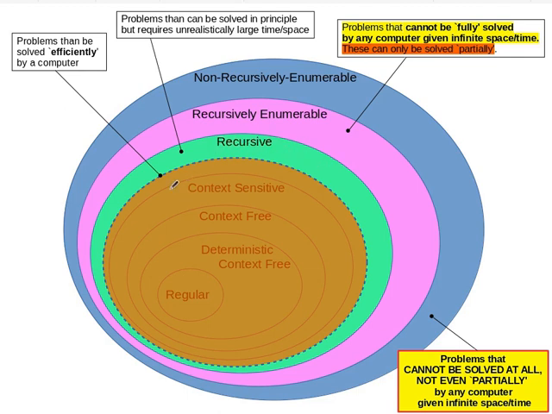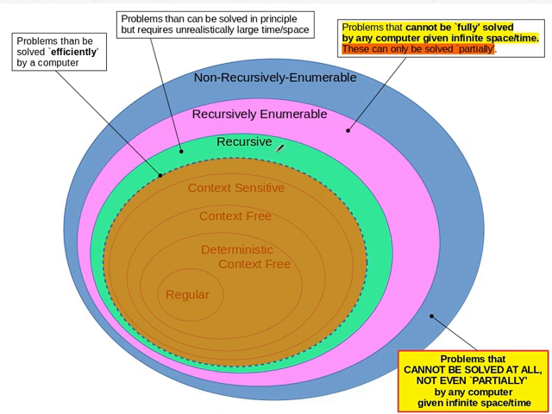So this can be solved efficiently, and that includes all this context sensitive, context free, deterministic context free, and regular. So there are efficient ways to solve all these things, whether they are deterministic or non-deterministic here.